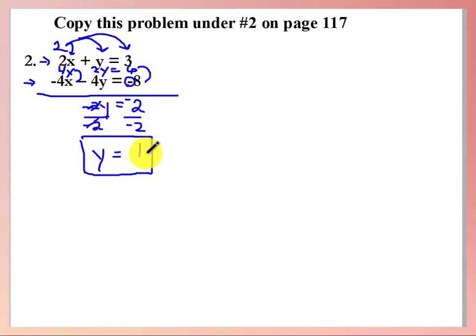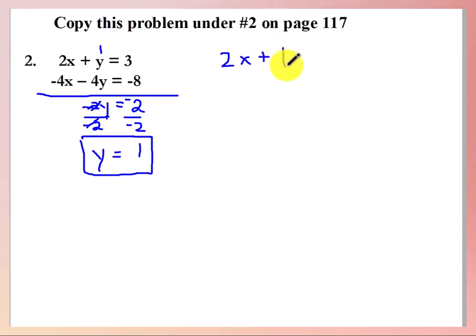All right, we're not done yet. We just found y, so plug it into either of the original equations. So let's go back to that top equation, and we're going to plug in 1 right here for y. So 2x plus 1 equals 3. Subtract 1 from both sides. 1 minus 1 is 0.